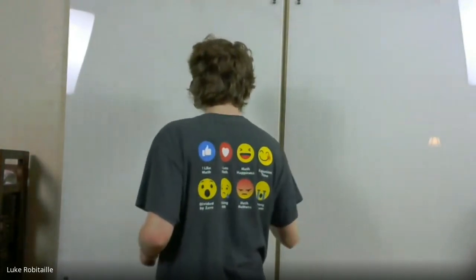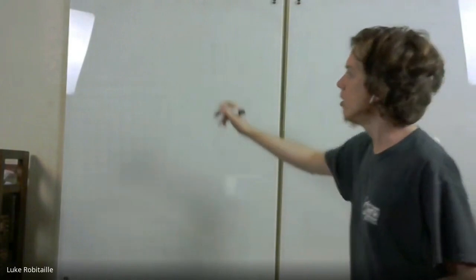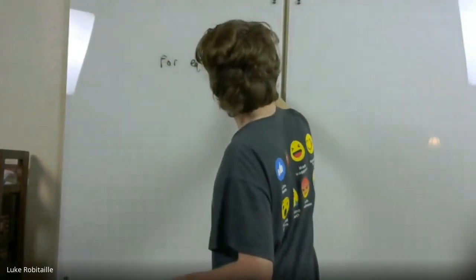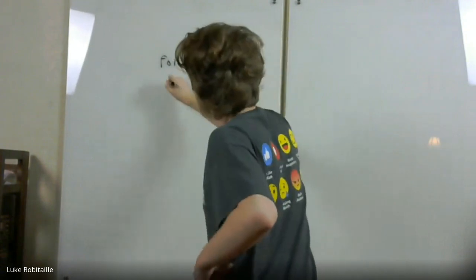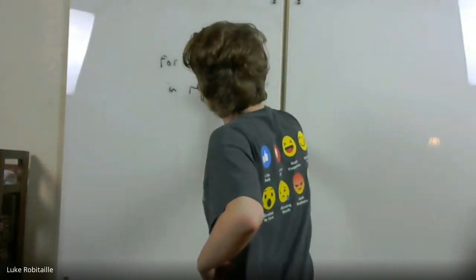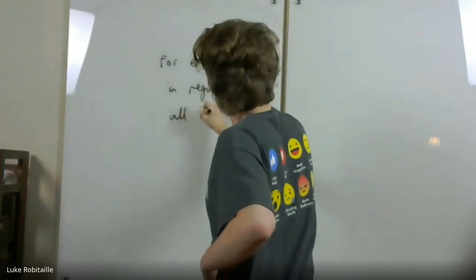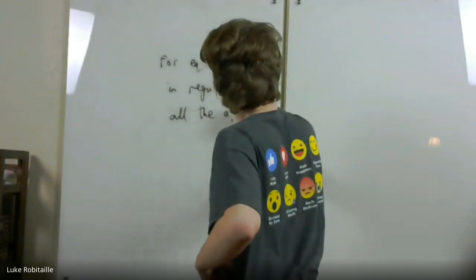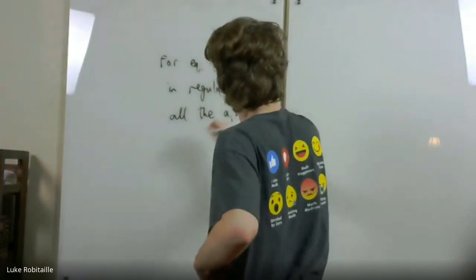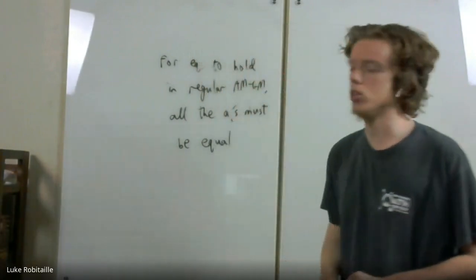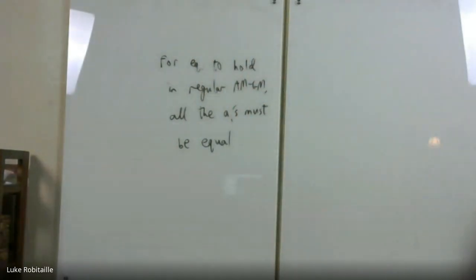You could check in the proof that we did that in fact for equality to hold in regular AM-GM, all the a_i's must be equal. I feel like there's a similar thing you can say about weighted AM-GM, but I'm not 100% sure. So that's the equality case. It's pretty obvious, but another good thing to know.